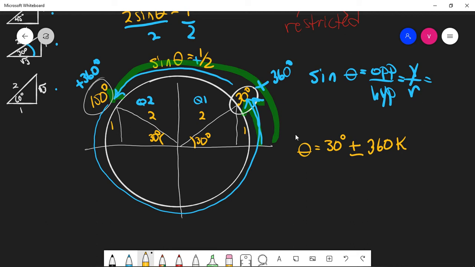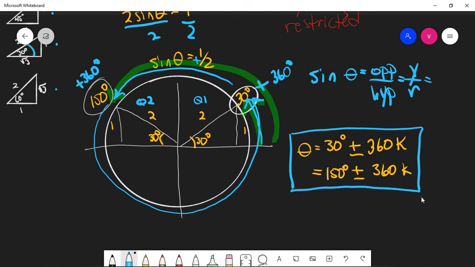Or it's at 150 degrees plus or minus every forward or backwards rotation. That's what that K stands for. And this is your answer right here.